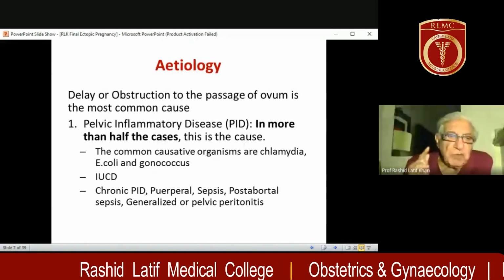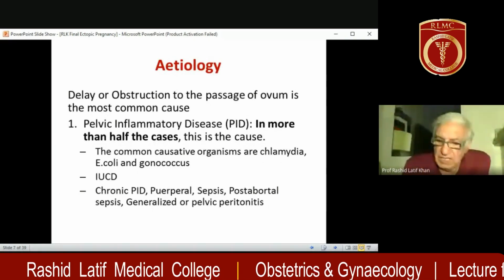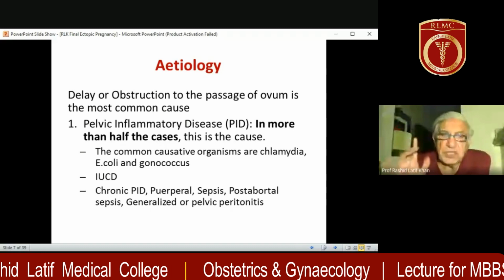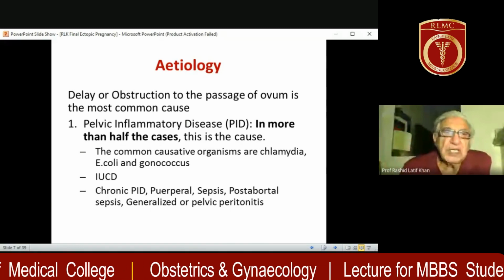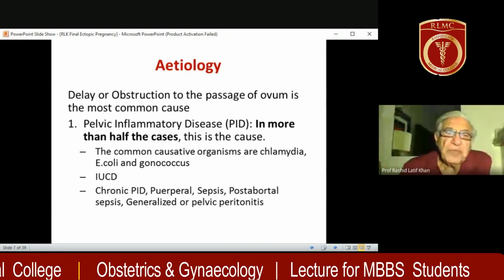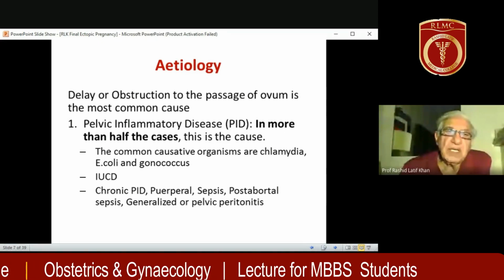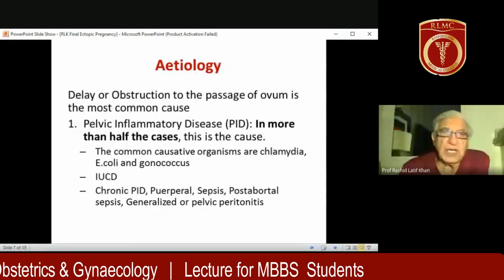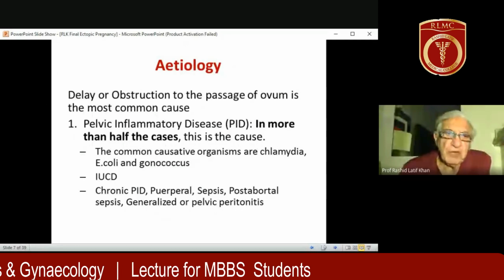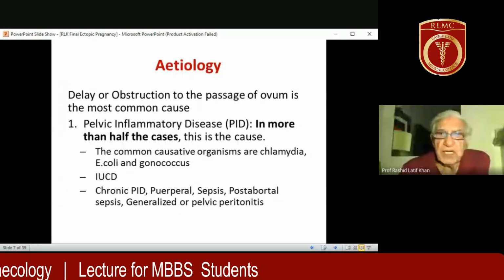So it's very important to remember that in young girls, even if there's suspicion of appendicitis, the appendix should be removed. Even in retrospect, if it was not appendicitis, even suspicion would suggest that the appendix should be removed.